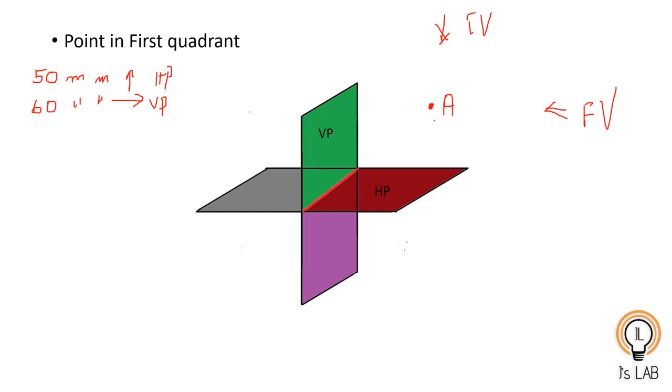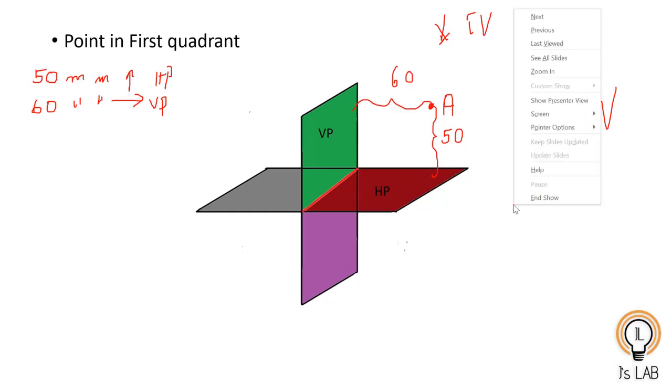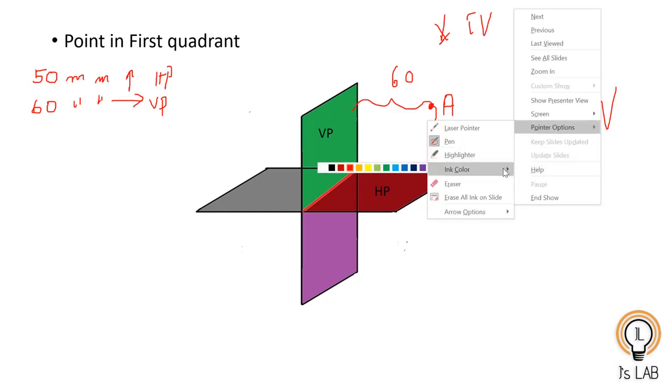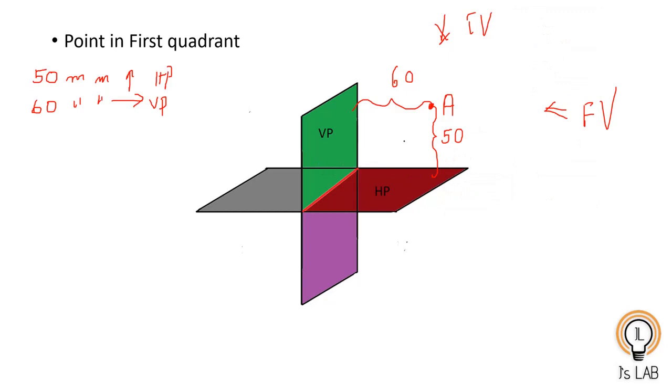So this one is 50 mm above HP and 60 mm in front of VP. Now I'll use another color. In the front view, A will form a front view on VP.